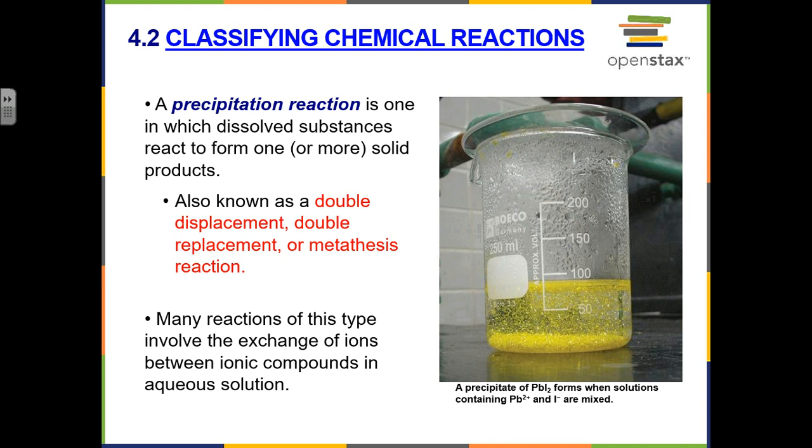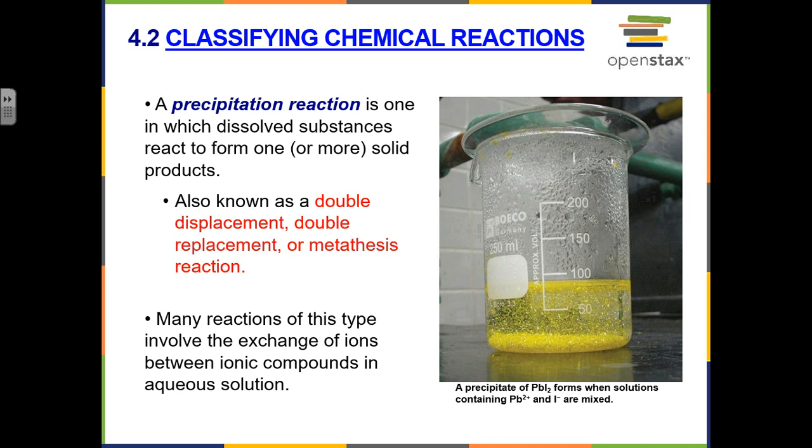Now, the cool thing about a precipitation reaction is the ability for the dissolved substances to form a solid product. If you look at the image to the right, you notice a yellow sedimentation that seems to be forming on the bottom. That occurs when you mix two clear liquids, or two aqueous materials, and they form a solid product.